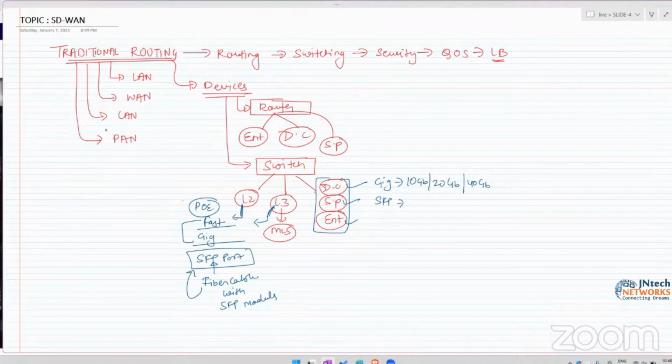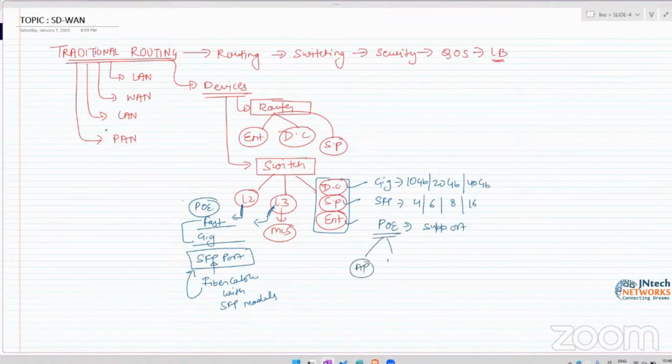But in this case, we get 4, 6, 8, and in some cases 16 also. One more thing, this switch is PoE supported. PoE means power over Ethernet. If you want to provide power for access points and IP phones, this PoE concept will provide it. Now, router and switch are clear.